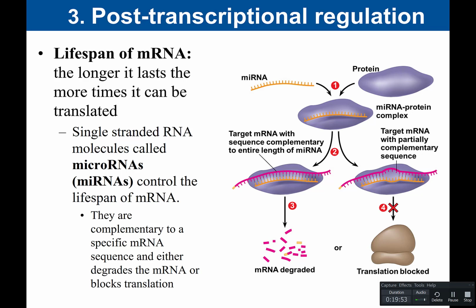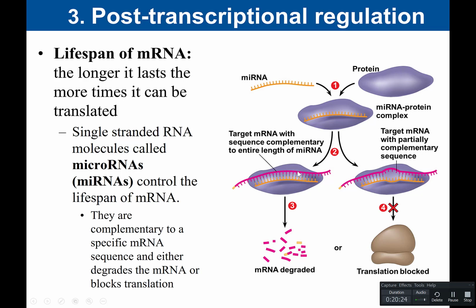These microRNAs are going to be complementary to a particular mRNA. Here, this yellow is our microRNA, and it forms a complex with a protein. Remember that RNA is single-stranded, and that microRNA is going to bind to a particular mRNA. The mRNA has a sequence that is complementary to the microRNA.